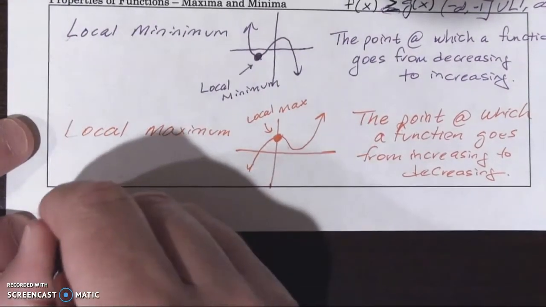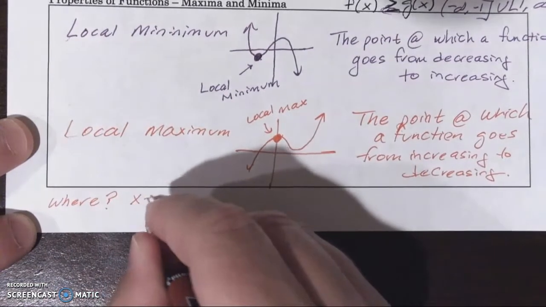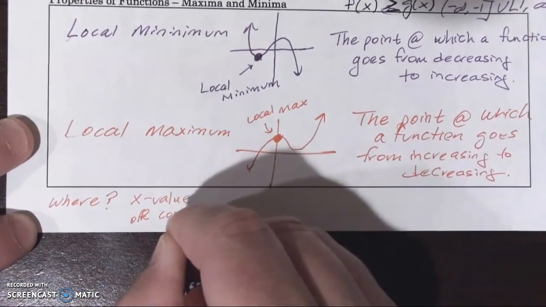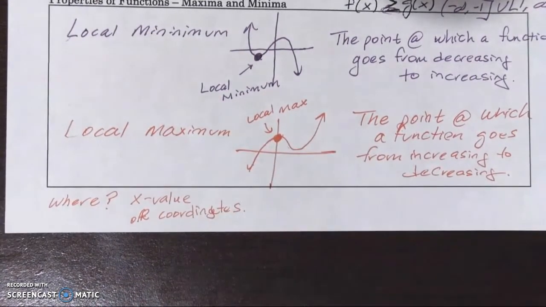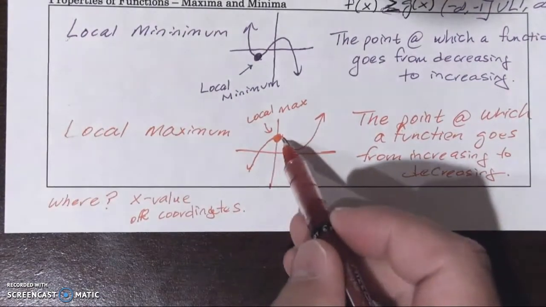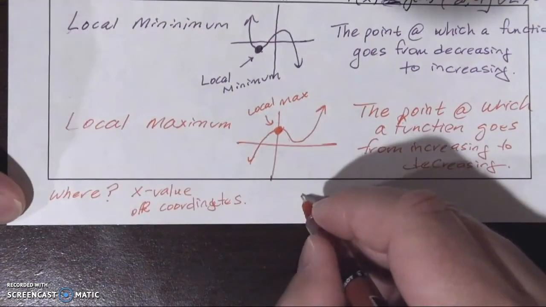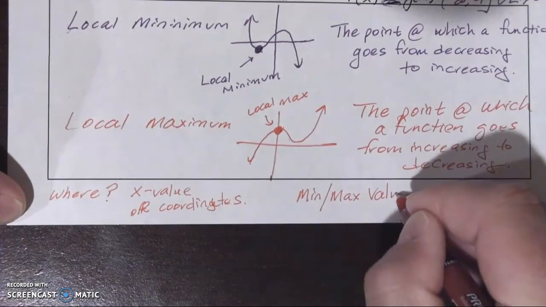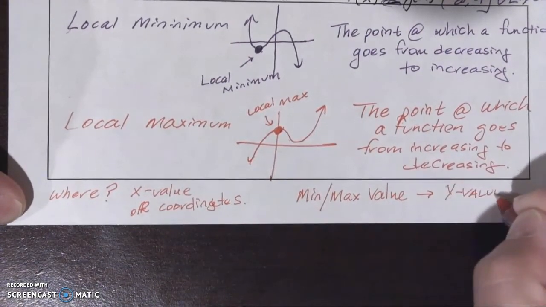A couple things. If we use the word where, we want either the x value or the coordinates. All right, where is the local maximum? You could answer at x equals 0 or at the point 0, 3. If we ask you for the min or max value, we are looking for the y value.